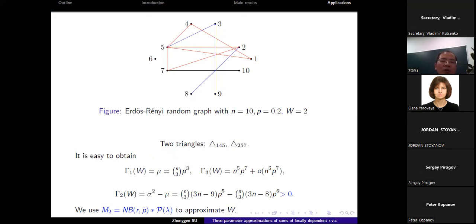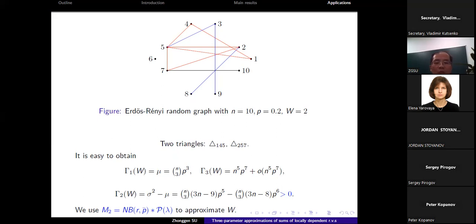And for our W, it is easy to obtain the first factorial cumulants. Now, gamma 2, as you see, gamma 2 is equal to sigma square minus mu, is greater than 0 in this example. So we use M2, which is negative binomial distribution plus Poisson distribution.